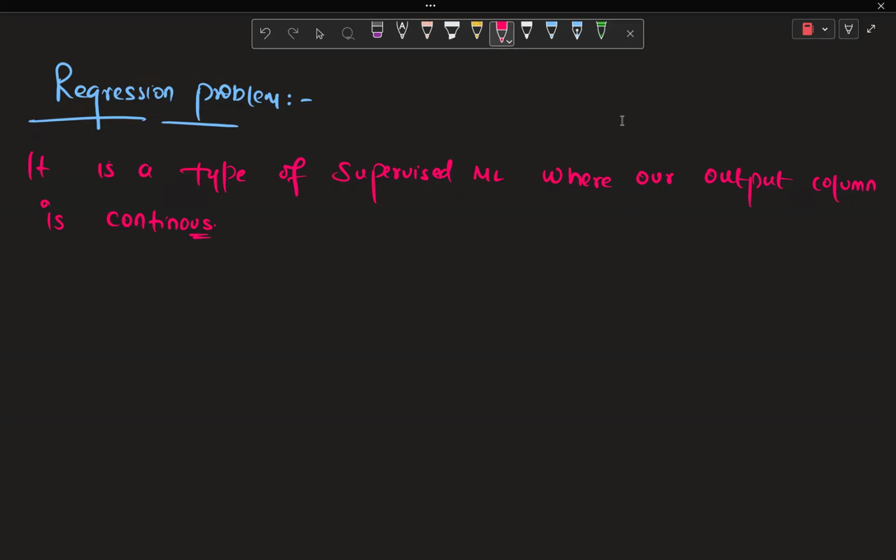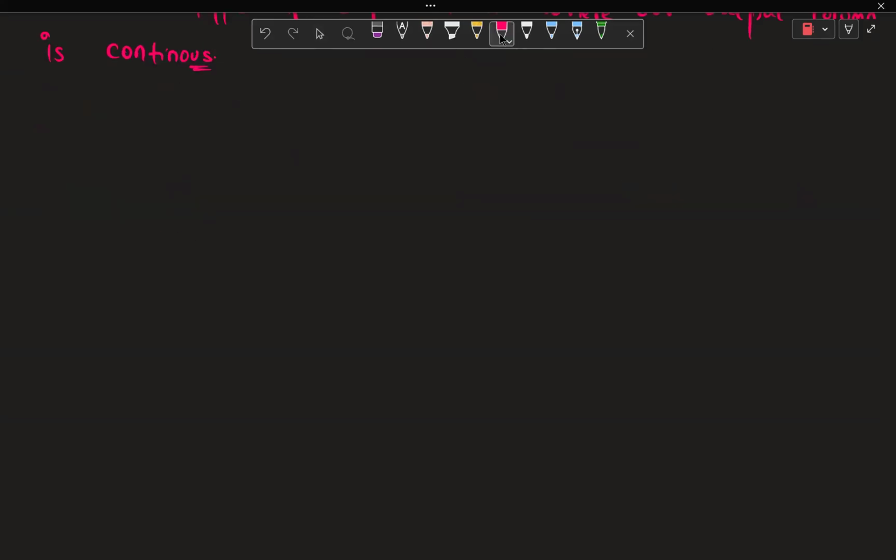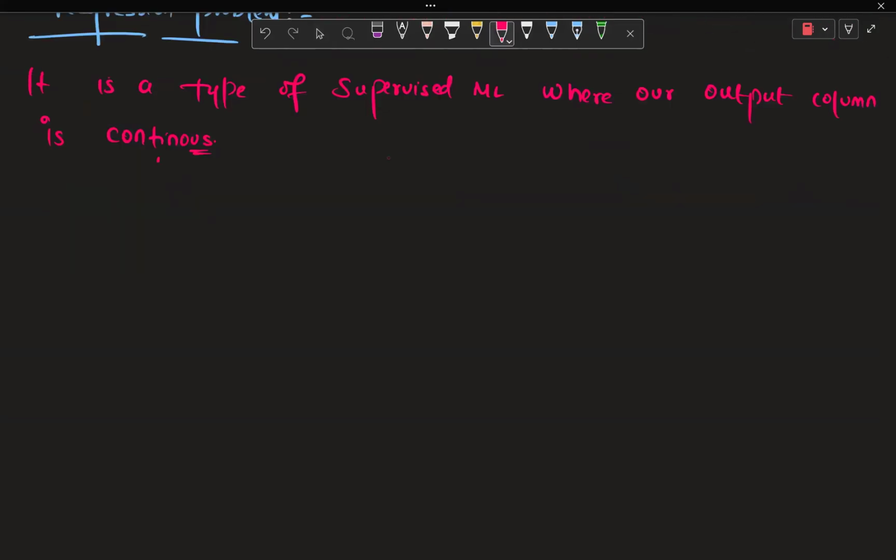Where our output column is continuous. What is the meaning of continuous output column? Continuous means endless, every value will be different.